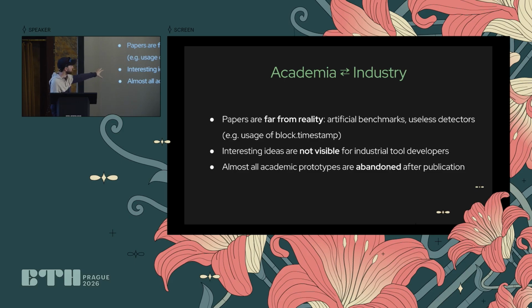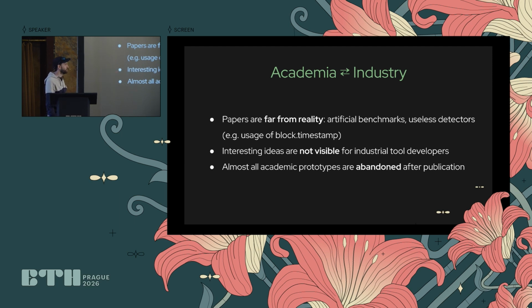And it's true that the ideas are sometimes hard to see for the people working on tools in the industry. They need to look for the papers, they need to check the conferences. And the worst part is this: most of the papers are completely divorced from reality.